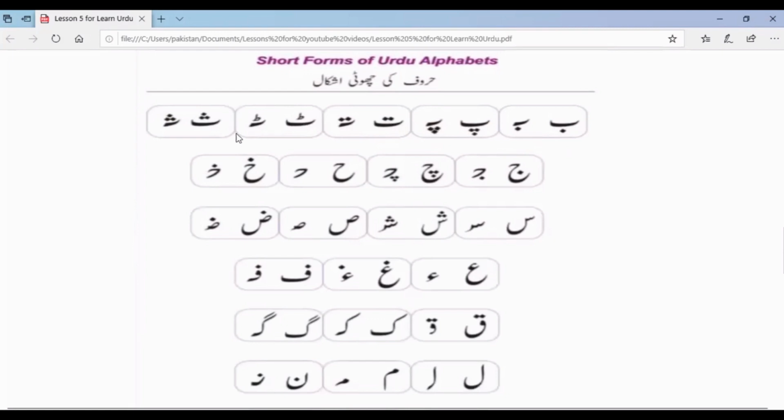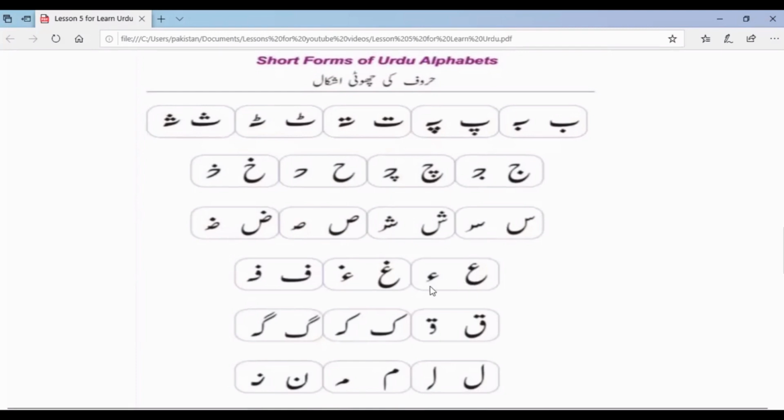And Te, in the beginning, it will look like this. And Se like this, Jim like this, Che like this, and He like this. He like this. And Seen will look like this in the beginning of word, and Sheen like this, and Swad like this, and Zwad like this, and Hamza, Ain.